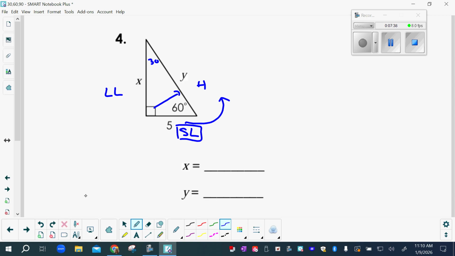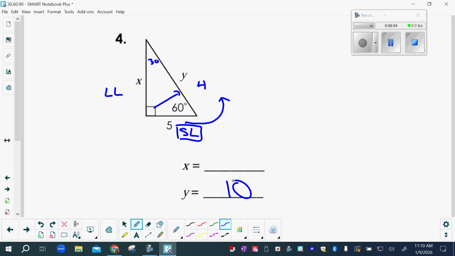Okay, so I'm going from short leg to long leg. First question, multiply or divide? Multiply. Magic number? 2. 5 times 2? Done. Again, no Pythagorean theorem, no square rooting, just knowing the little magical number.